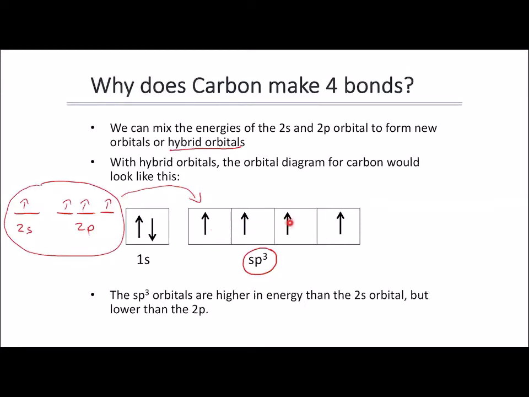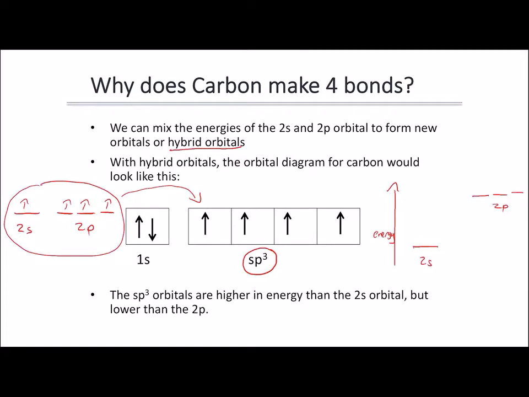And now with my hybrid orbitals, they're all the same. They all have the same energy level. They're all degenerate. So now when I make a bond with these hybrid orbitals, all the bonds will be the exact same as each other. And so if we looked at our orbital diagram with our energy, a 2s would be down here. Our 2p might be up here.